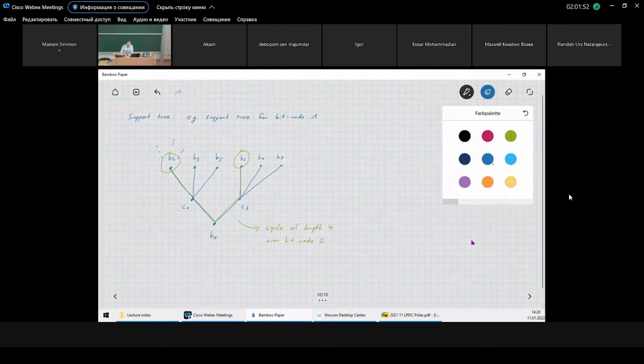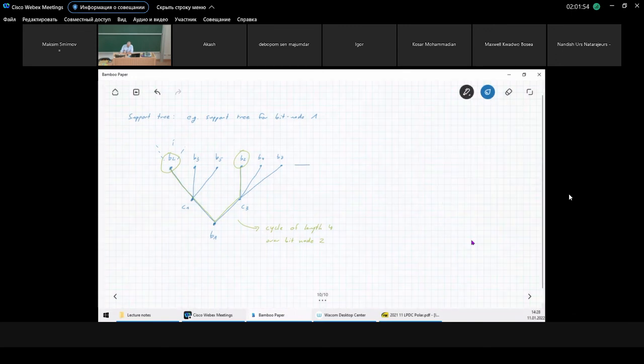Actually here also just coming up with some definitions. So this would be the support tree, level 2. So the depth of the tree is 2. And with the support tree of level 2, I can identify cycles of length 4.